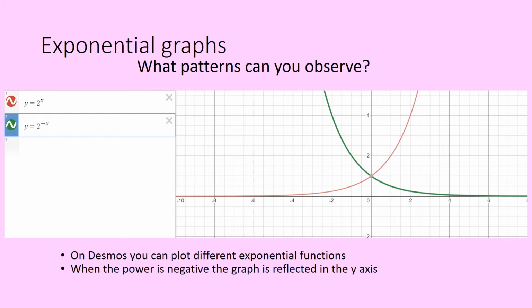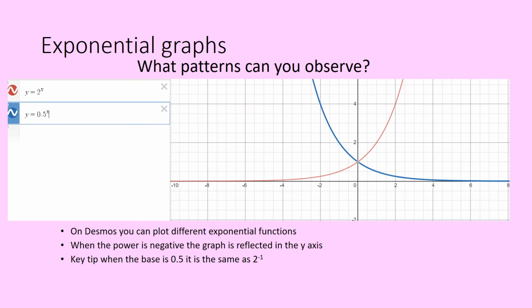Let's have a look at this. Exponential graphs. What patterns can you observe? I've plotted y equals 2 to the power of x and also y equals 2 to the power of minus x. If you can, plot different exponential functions on Desmos. When the power is negative, the graph is reflected in the y-axis. Why could this be?